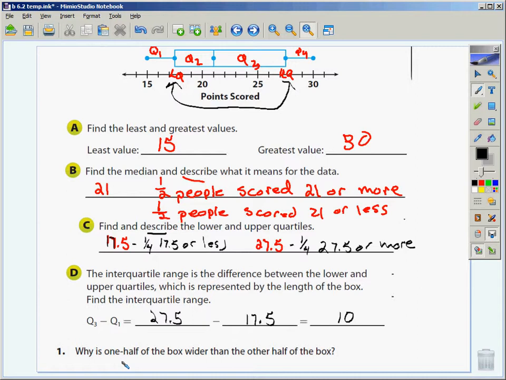If there was 100 people in quartile 2, how many people would be in quartile 3? 100. How many would be in quartile 4? 100. Just because a group looks shorter doesn't mean that there's a smaller number of pieces of data in that group.